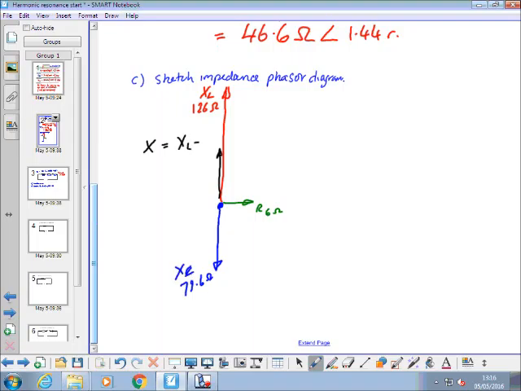That's XL minus XC, 46.6. And then your impedance comes from that. Z is equal to 46.6 ohms, and the angle equals 1.44 radians. So that's what I would call a labelled impedance phasor diagram.